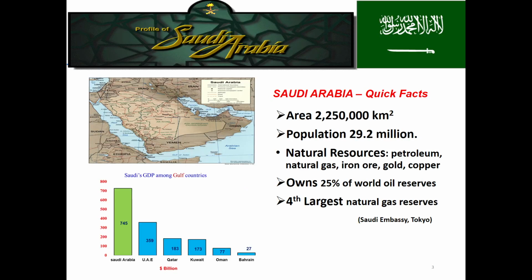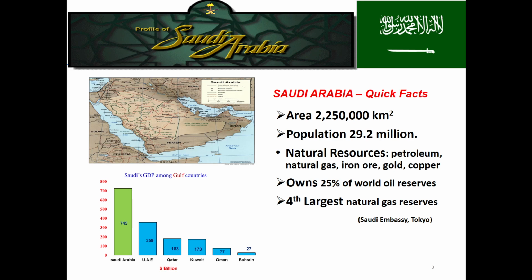Saudi Arabia is one of the countries in the Gulf region. It has an area of about 2,250,000 square kilometers, and the population has almost reached 30 million. It has a lot of natural resources, especially petroleum, natural gas, iron, and many minerals.